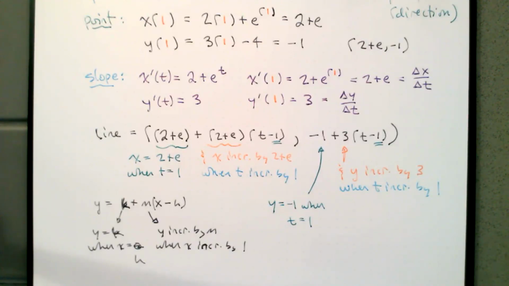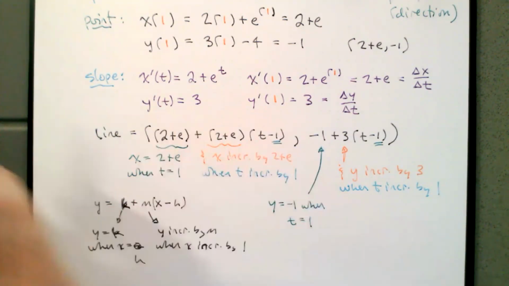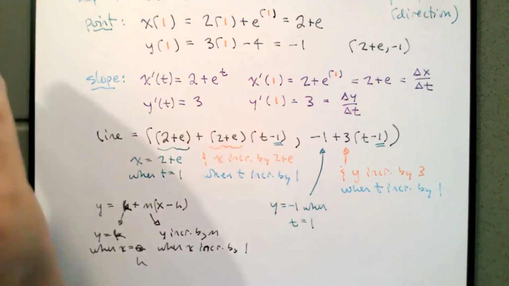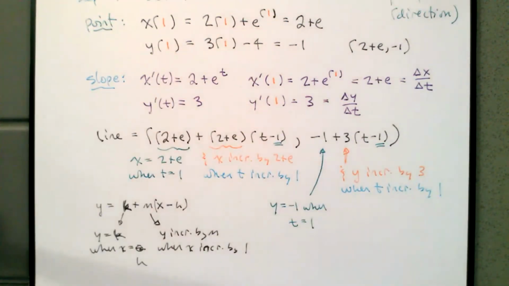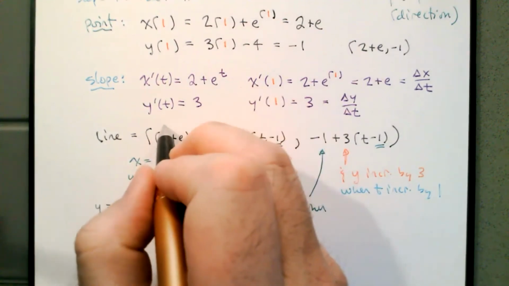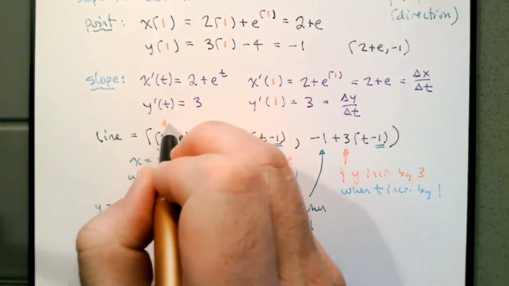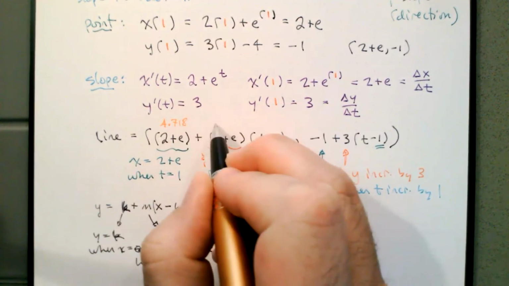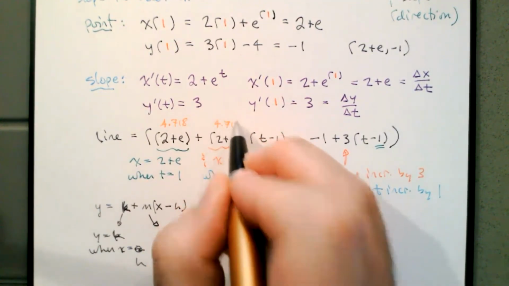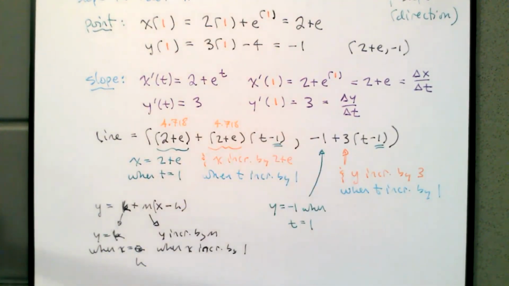Wow. 2 plus e is just 4.718. So we're just saying x starts off at 4.718 and increases by 4.718 when t increases by 1.